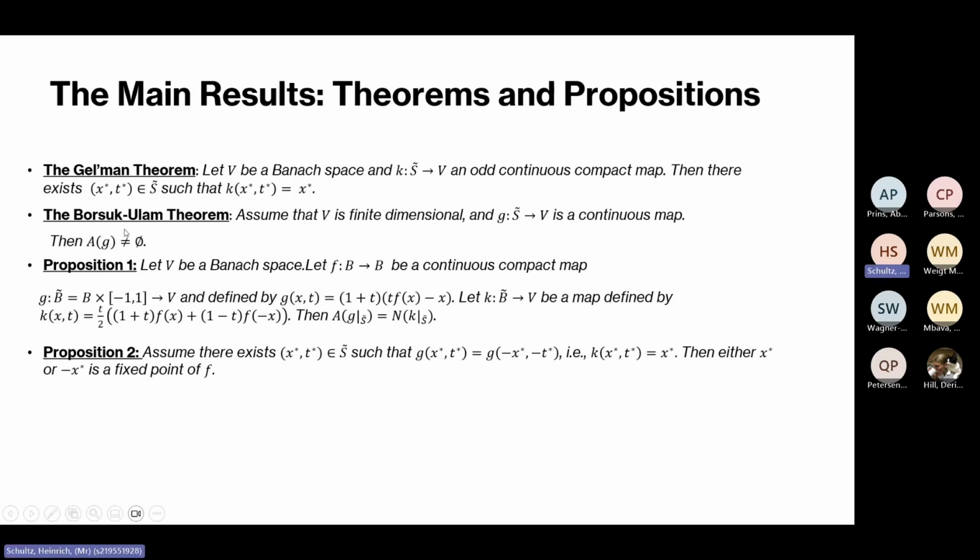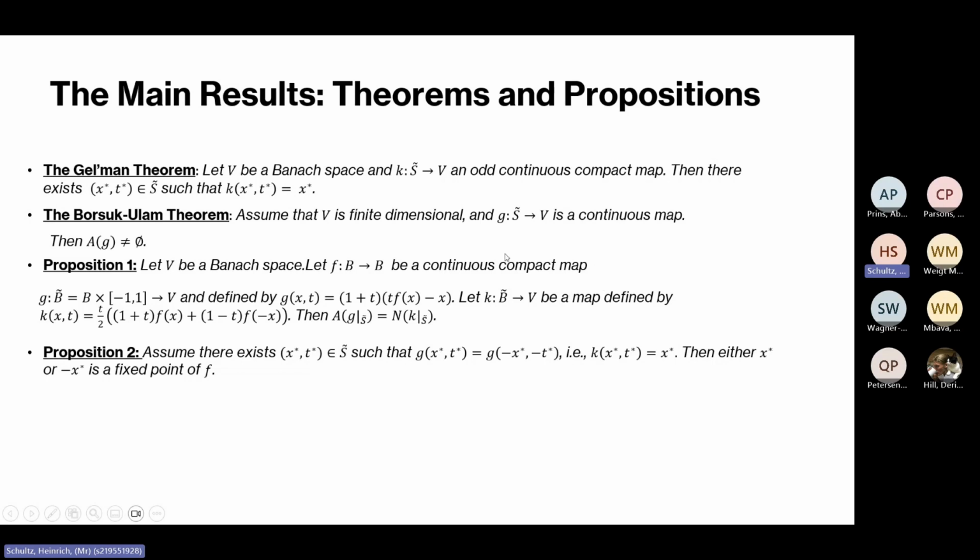And then the Borsuk-Ulam theorem, which states that if V is finite dimensional and G maps S tilde to V is a continuous map, then the set of antipodes AG is non-empty.